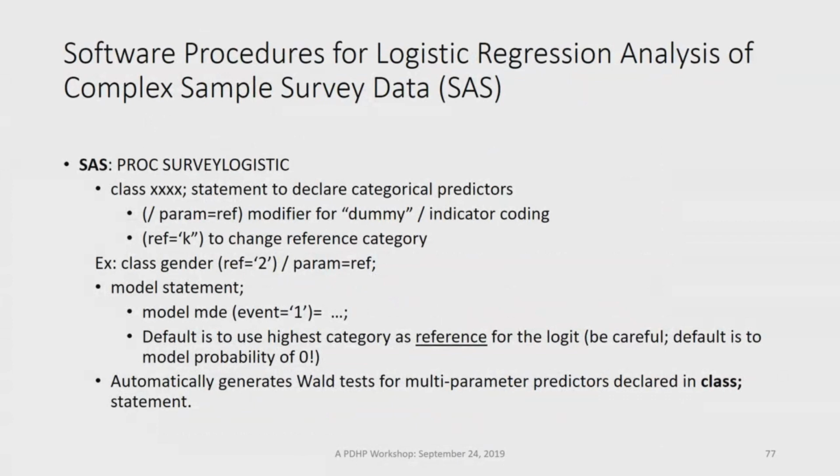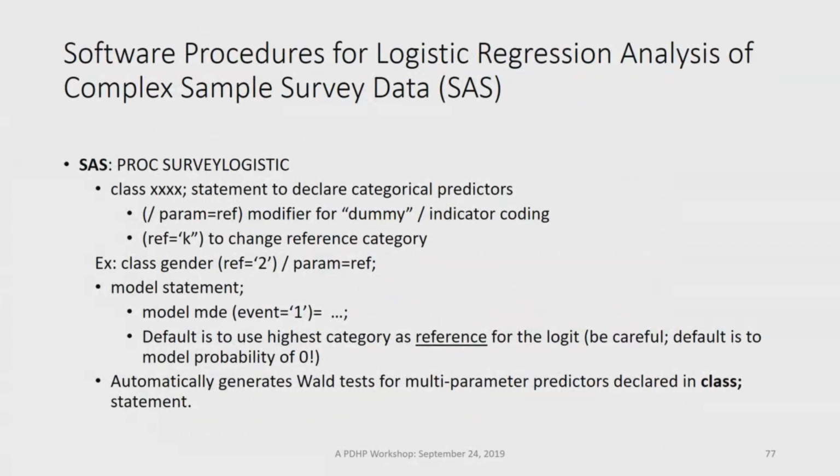It does not default to dummy variable coding when you use class variables. So you have to add the param equals ref option, and you can specify reference categories for your categorical predictors. Or you can just go with the default and interpret the effect coding. It's entirely up to you. Okay? But you want to be careful just with that kind of use of class variables. So I show an example of how to handle gender on that line right there.